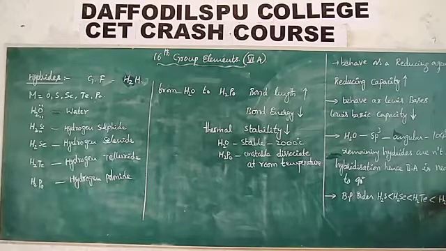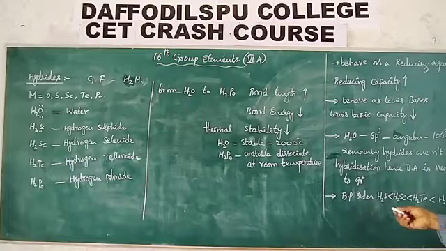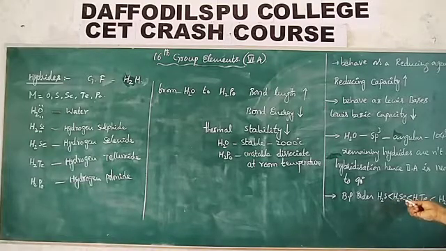I am not including H2Po because it dissociates easily at room temperature, and it is a radioactive element hydride, so we are not discussing that one. So the remaining elements' boiling point order is H2S less than H2Se less than H2Te less than H2O. So the highest boiling point is H2O.